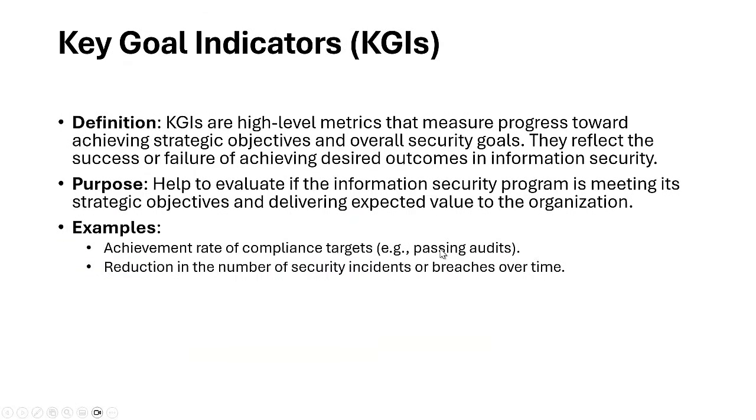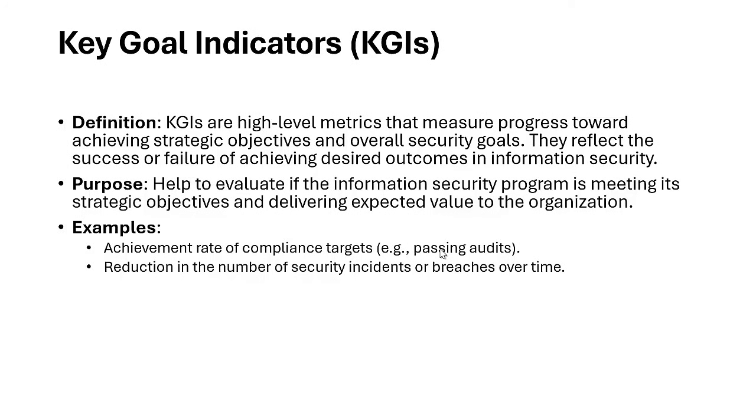Now third is called a KGI, key goal indicator. KGIs are high-level metrics that measure progress toward achieving the strategic objectives. In some cases, we use KBI as a KGI. With the help of KGI, you can evaluate if the information security program is meeting the strategic objectives. So if the question asks which metric is very important to check whether we are achieving the strategic objectives, the answer is KGI.